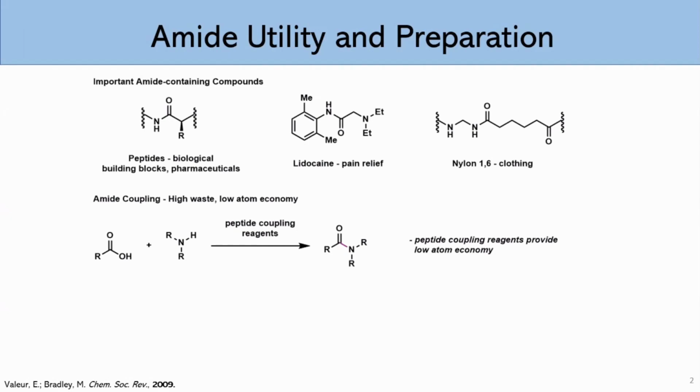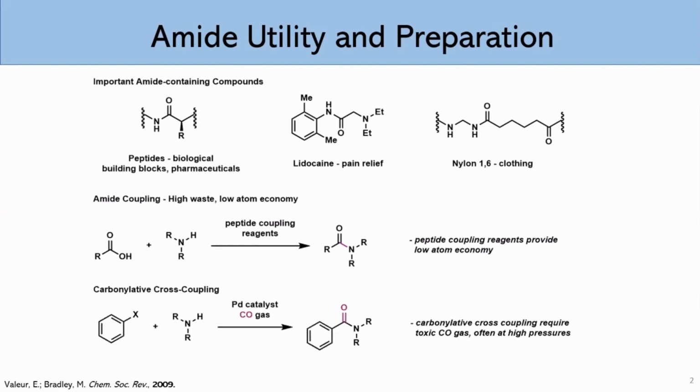A more atom economical route to access these amides is through a carbonylative cross-coupling. So you have an aryl halide, where X equals iodide, bromide, or chloride, and a palladium catalyst to undergo the cross-coupling reaction. Under typical conditions, you would probably just get the aryl amine out of this reaction.